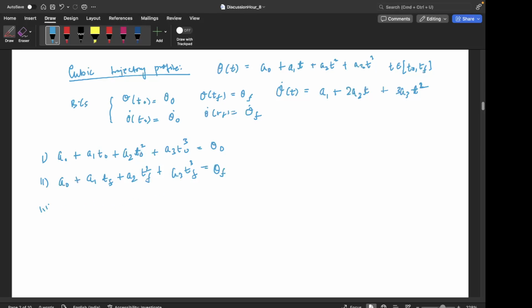Then we have the two velocity conditions, that a1 plus 2 a2 t0 plus 3 a3 t0 square is theta dot 0, and a1 plus 2 a2 tf plus 3 a3 tf square is equal to theta dot f.